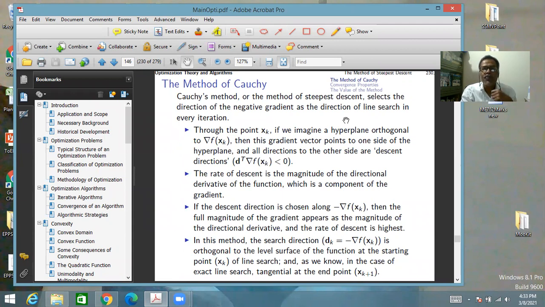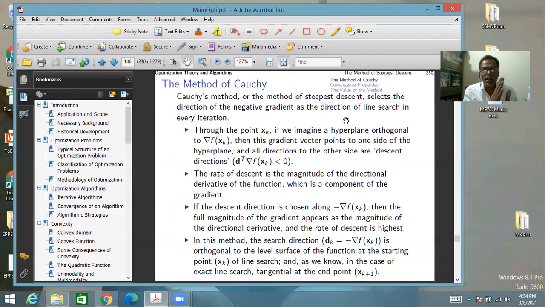every iteration. And as you know, through the current point xk, if you pass a hyperplane, which is the tangent plane of the contour through that point or level surface through that point, then that is orthogonal to the gradient.